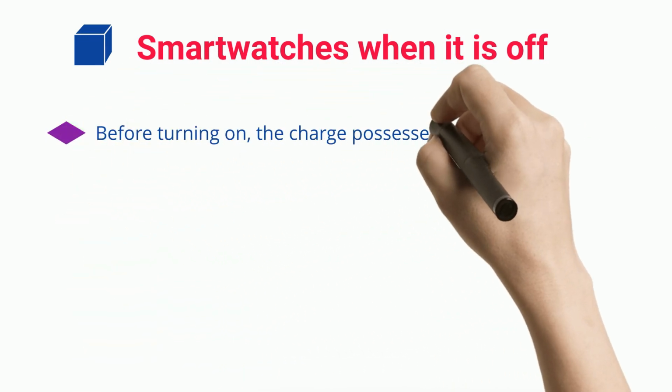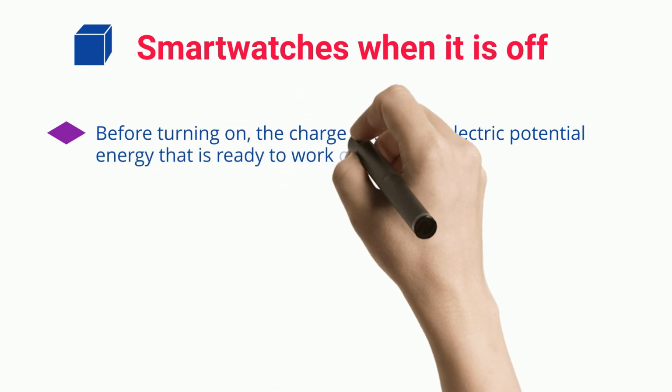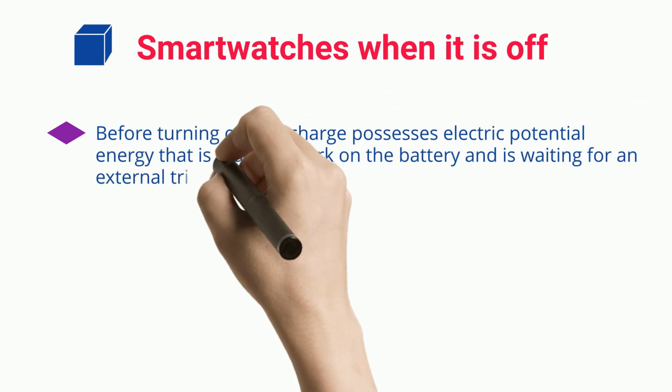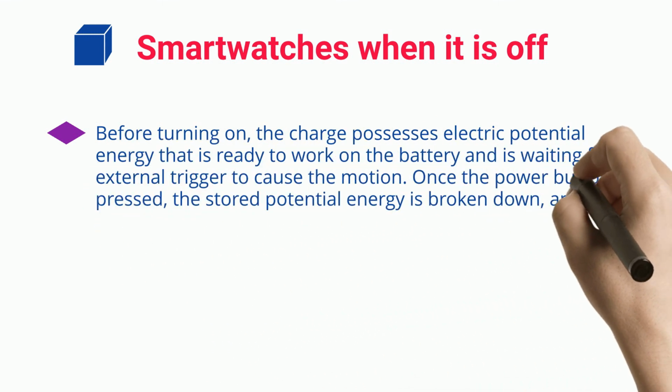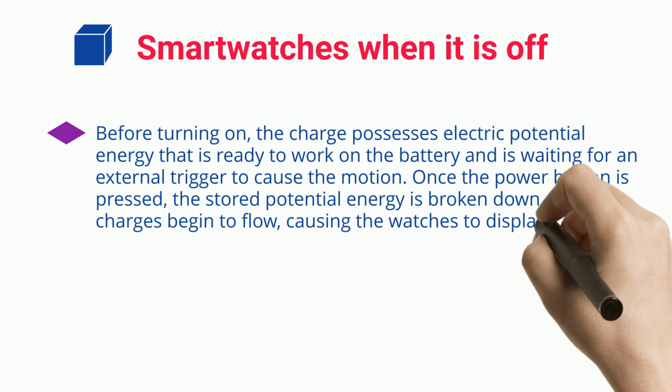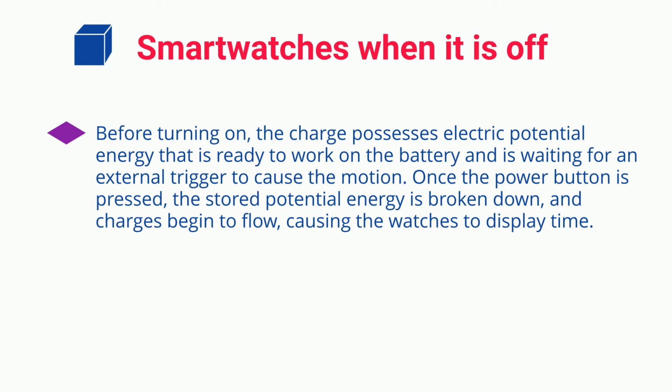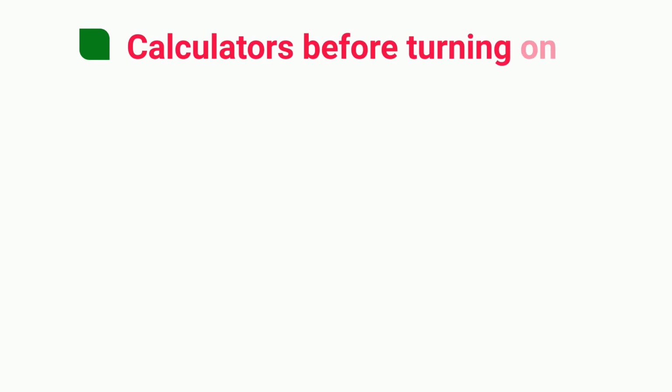Before turning on, the charge possesses electric potential energy that is ready to work on the battery and is waiting for an external trigger to cause the motion. Once the power button is pressed, the stored potential energy is broken down, and charges begin to flow, causing the watch to display time.